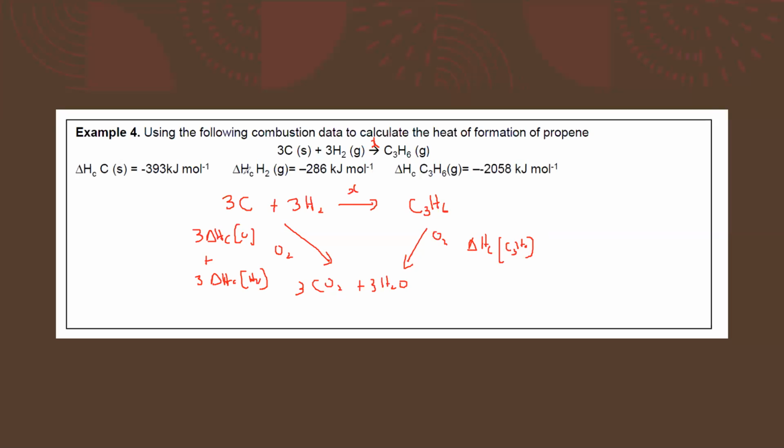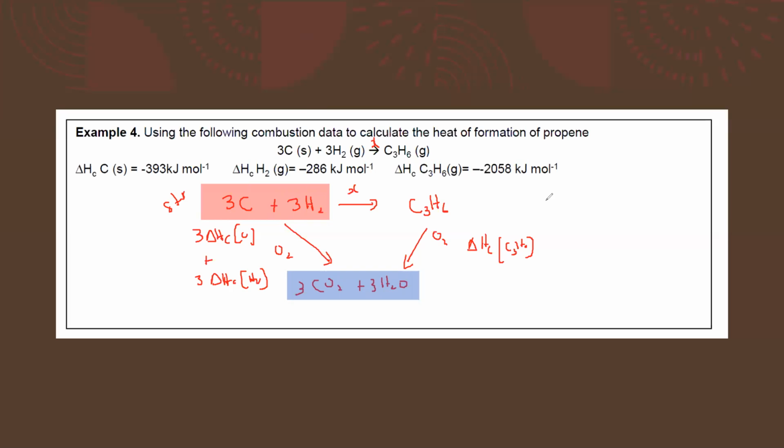And when we apply the Hess Law cycle, as you can see, the two arrows are pointing out. That is the beginning or the start of the cycle. And the two arrows are pointing in. That is the end of the cycle.